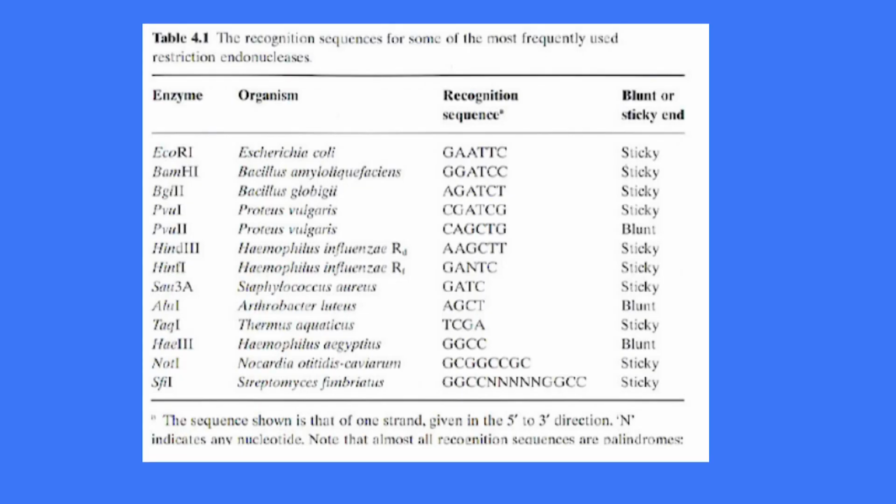So, here are some examples of it, like EcoR1. We can see the restriction site of it is GAA-TTC. Isoschizomers I will discuss in further slides. So, here I can tell you that either sticky ends or blunt ends are produced with the help of these recognition sequences, with the help of these restriction enzymes.